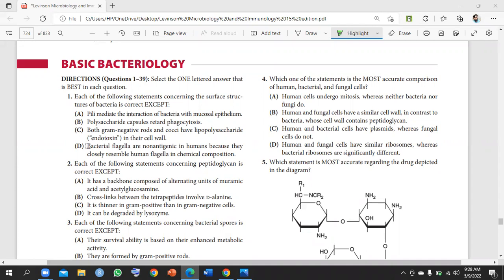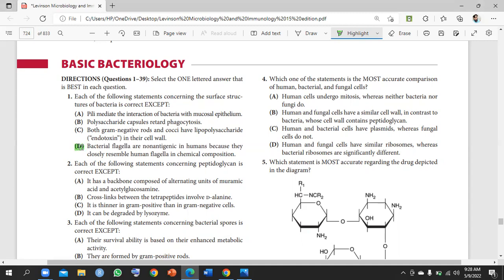The fourth is that bacterial flagella are non-antigenic in humans because they closely resemble human flagella in chemical composition. This is not correct, because bacterial flagella are not the same as human flagella, so they are antigenic. So our answer is D.